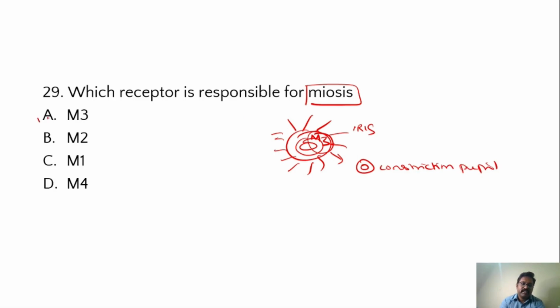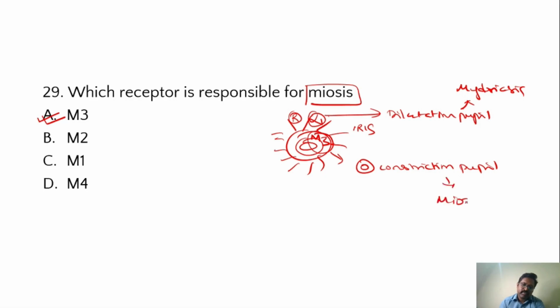The option will be M3. So which is the receptor present on the radial muscle fibers? It is alpha 1. Activation of alpha 1 will lead to contraction of the radial muscle fibers, leading to dilatation of the pupil, which is called mydriasis.